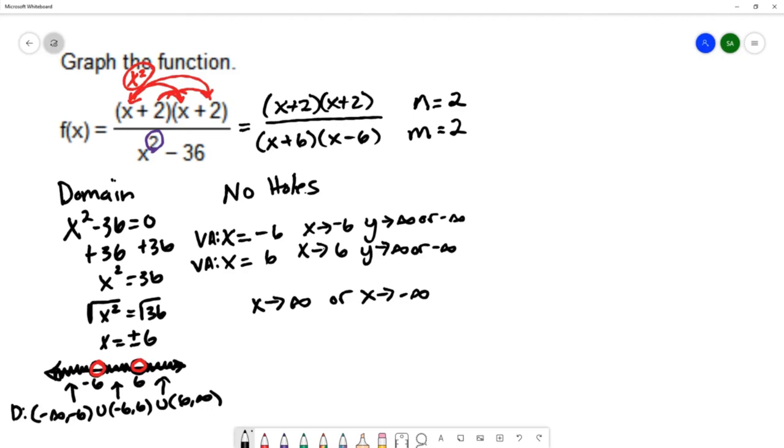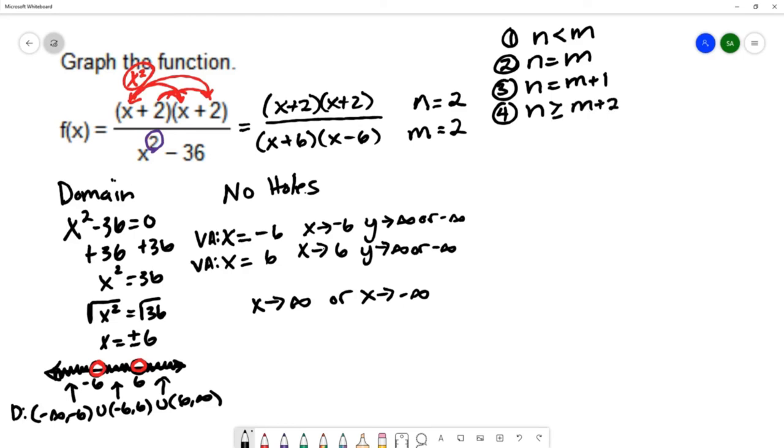The 4 cases are where n is less than m, the degree of the numerator is smaller than the degree of the denominator; the degree of the numerator is equal to the degree of the denominator; the degree of the numerator is 1 more than the degree of the denominator; and then finally, this is covering all other situations where the numerator is larger, but larger by 2 or more.